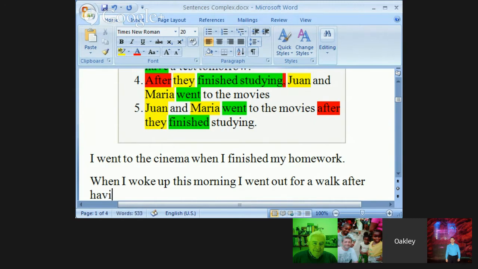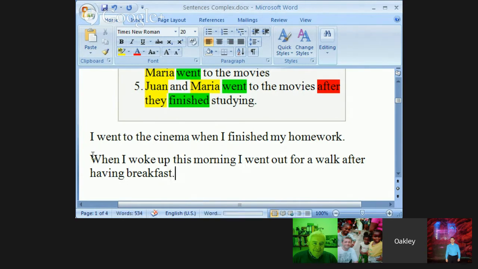Okay, wait a minute. This is interesting. There's something missing here, though. When I woke up this morning, we got a subject, we got a verb, a phrasal verb, actually. That doesn't affect anything. Afterwards.